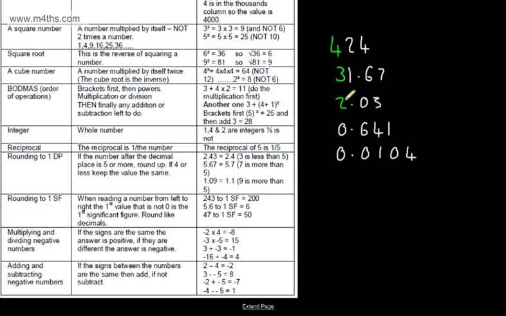Here, the 2 is a unit, so the first significant figure is a 2. When we're talking about significant figures, it's the first non-zero number, so this is not significant. The first significant figure in this number is the 6, and that is tenths. These are tenths. So we'll be rounding to the nearest tenth.